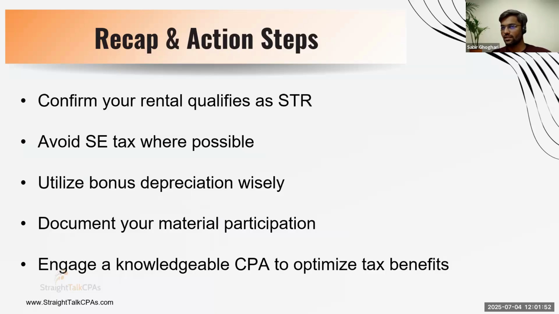Again, the other one is avoiding self-employment tax by reporting the short-term rentals on your Schedule E if you are not providing substantial services. Now, another one, use bonus depreciation wisely. Don't make the mistake of doing cost segregation in 2025 and 2026 for properties which are already placed in service if you want 100% bonus depreciation. So always look out for the placed in service year.